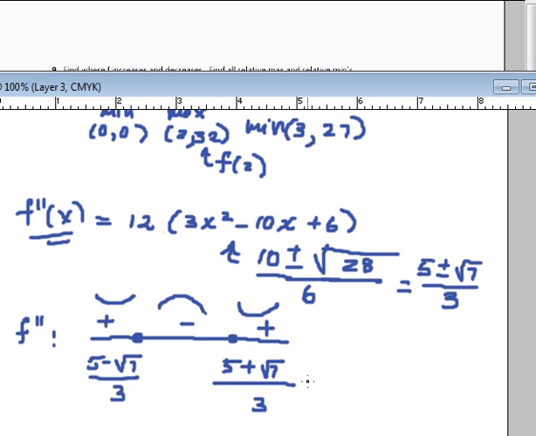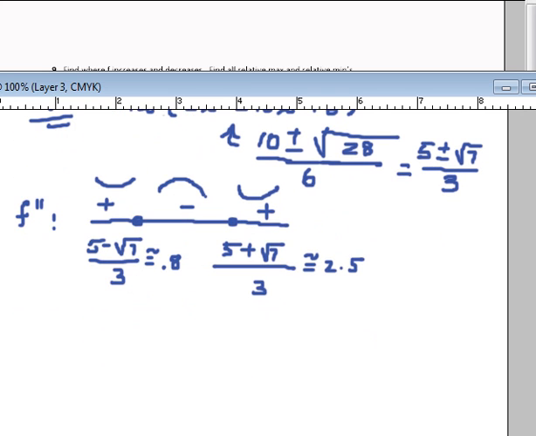This value over here we approximate as approximately 2.5, and this value we approximate using a calculator as approximately 0.8. If we substitute these into the original f of x, then for the inflection points we have 0.8 and 1.23, and 2.5 and 29.7.